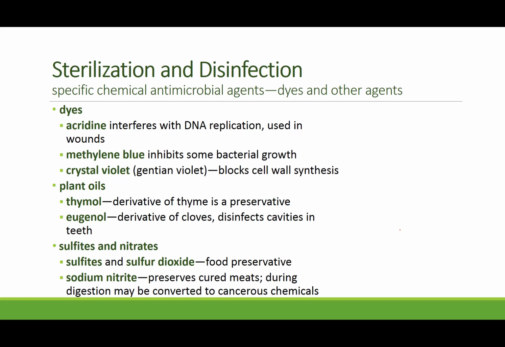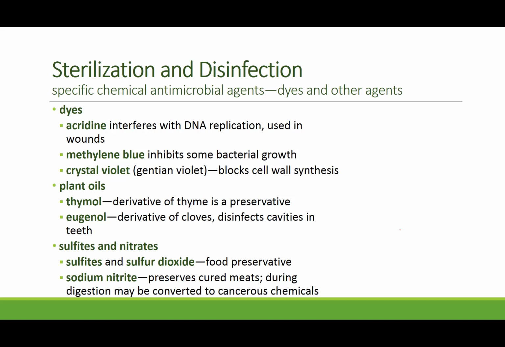And then sulfites and nitrates are frequently used as food preservatives and in helping to preserve wine. So sulfites, sulfur dioxide, and sodium nitrate is used in preserving meats.